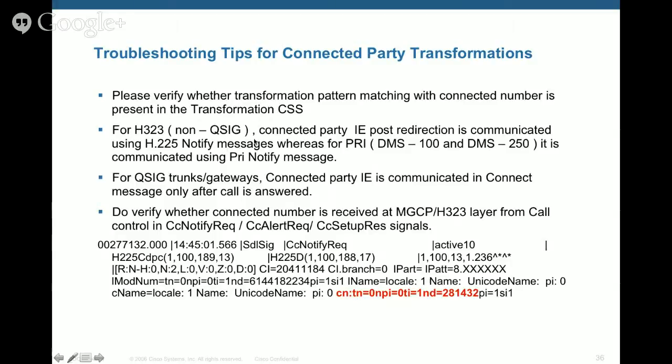As I mentioned before, for normal PRI protocols, the connected party IE post redirection is communicated using H225 notify messages. For QSIG, it is always communicated in the connect message. That means the call is answered.